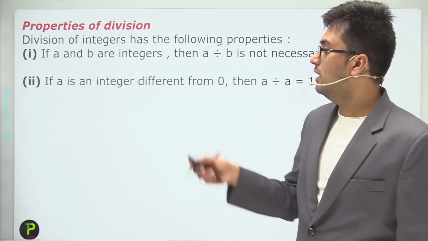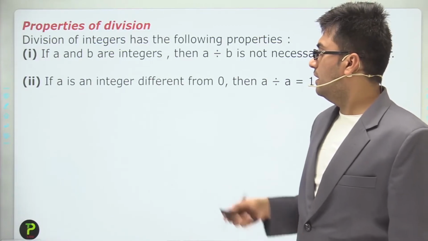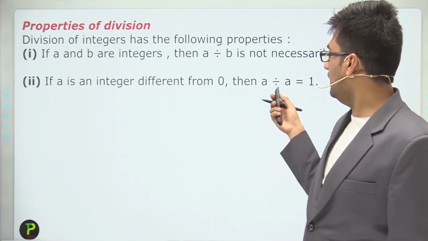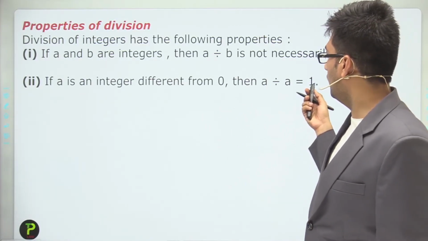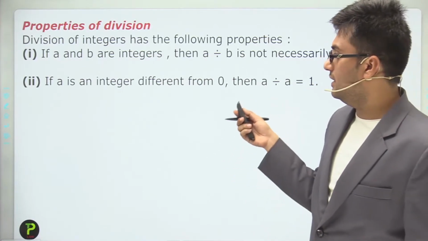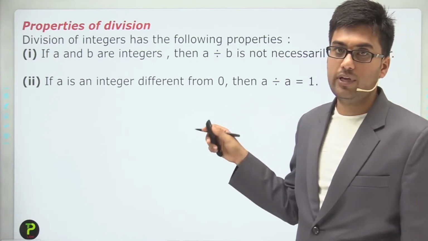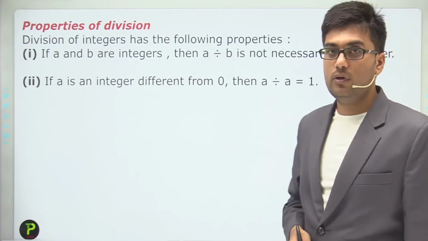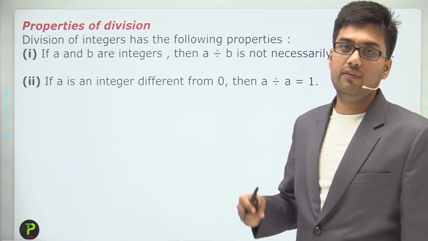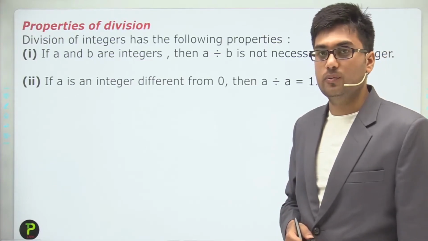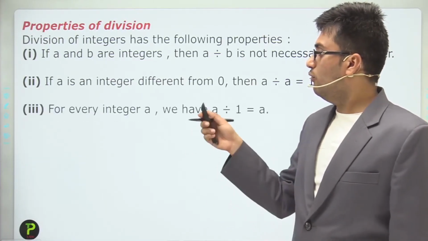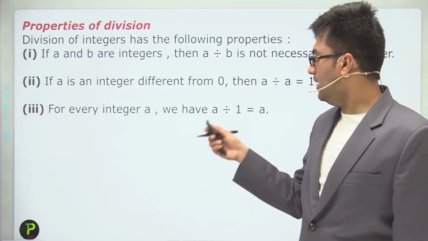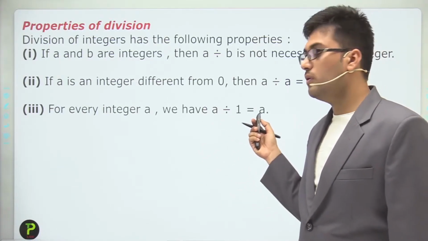Now, if a is an integer different from 0, then a divided by a is 1. We cannot divide any integer by 0. For every integer a, we have a divided by 1 is a.